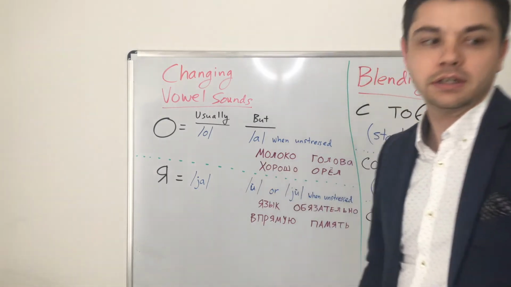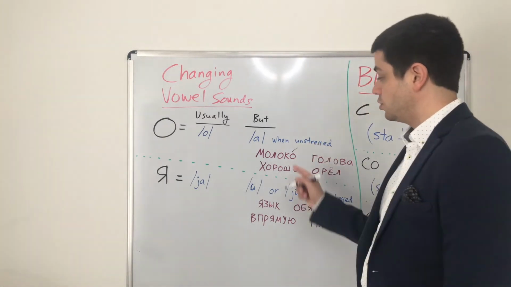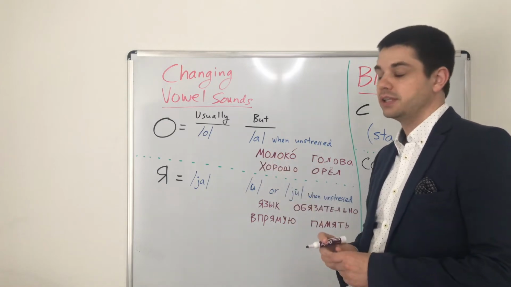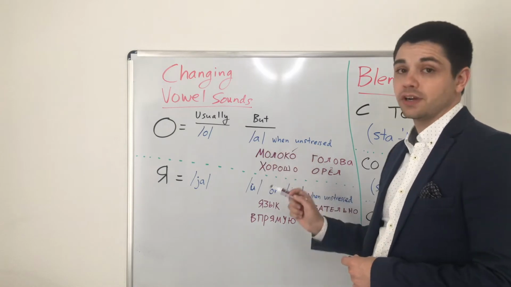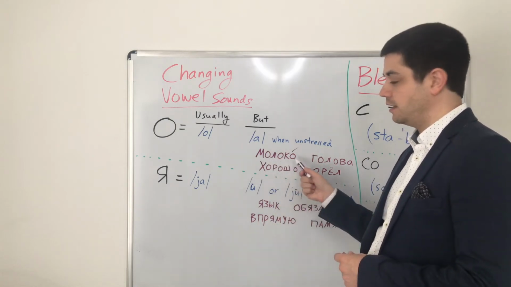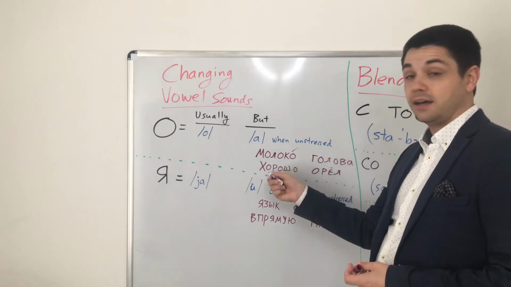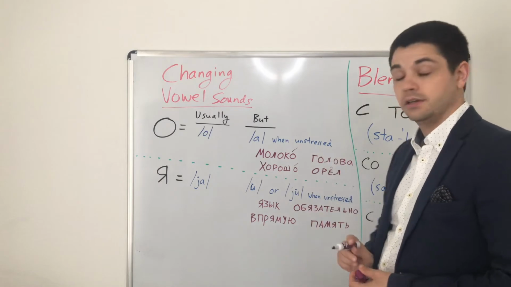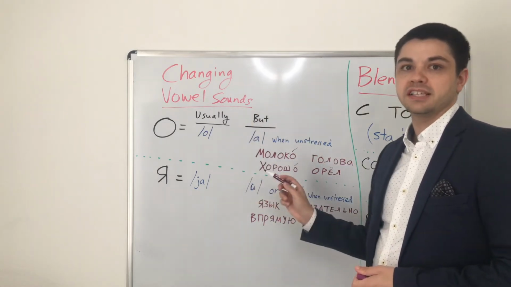Молоко. I'm going to write the stress for you. Молоко. So the stressed version of this vowel is O, right? But the unstressed is different. Молоко. Another example, хорошо. Хорошо. So this is a difference in pronunciation.